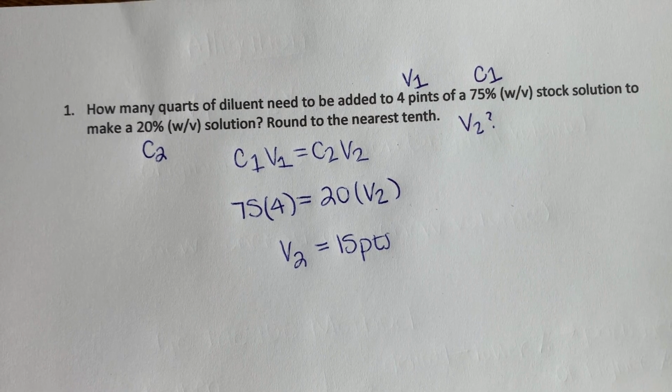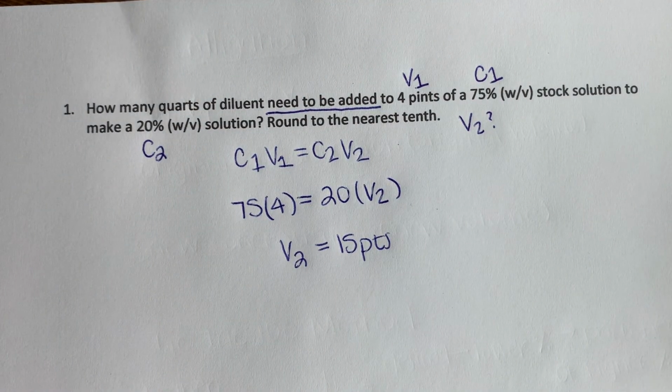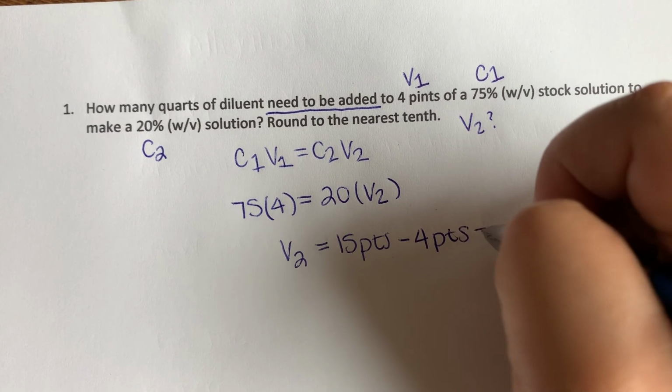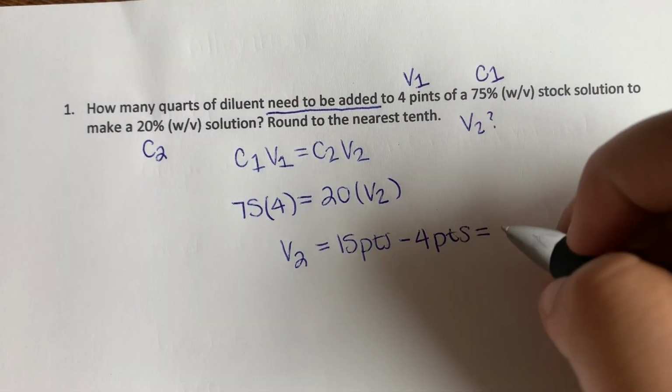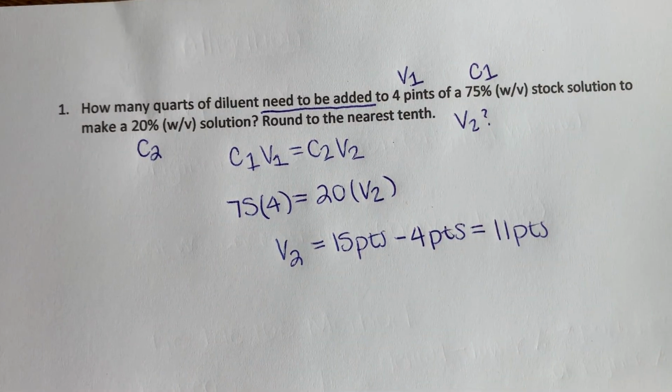And since it says it needs to be added to a solution with already 4 pints in it, we want to go ahead and subtract 4 pints. Because the volume we just found is the total volume we need, and we already have 4 pints. So that'll go ahead and give us 11 pints. And now we're almost done.